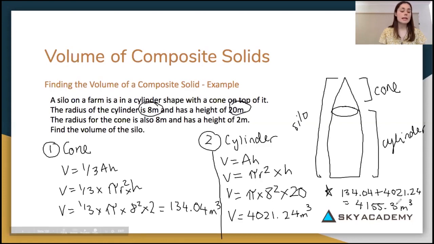Don't forget to add in our units still. Although we're doing a real life example, we still need to include the units of meters cubed or centimeters cubed or whatever units your dimensions are in.